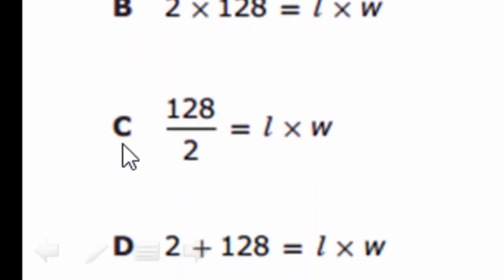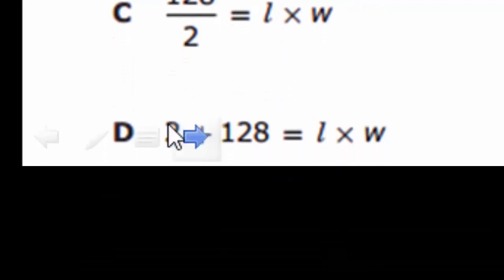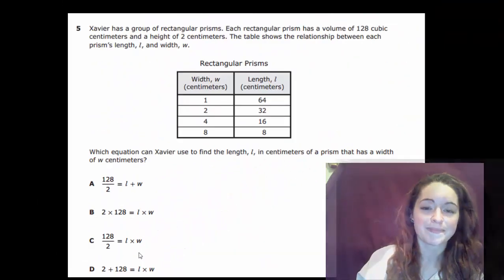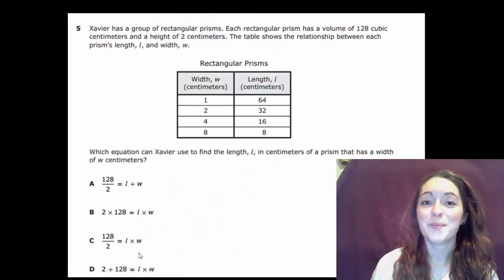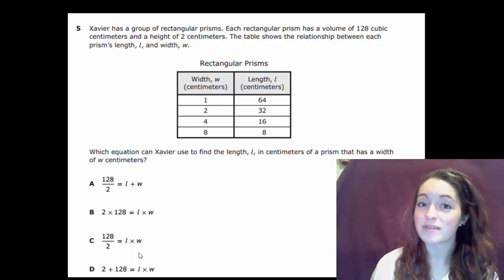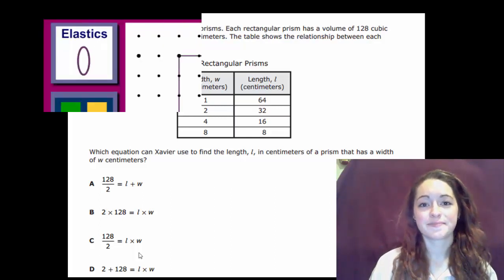Answer choice C, we have 128 over 2. Remember, what does that mean? 128 divided by 2 equals L times W, or length times width. And then we have answer choice D, which is 2 plus 128 equals length times width. By the end of this lesson, we should be able to figure this question out.